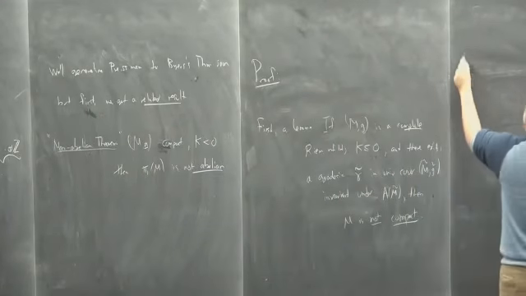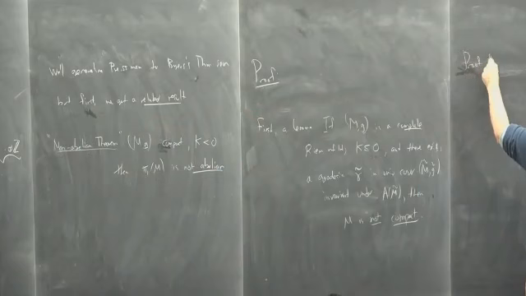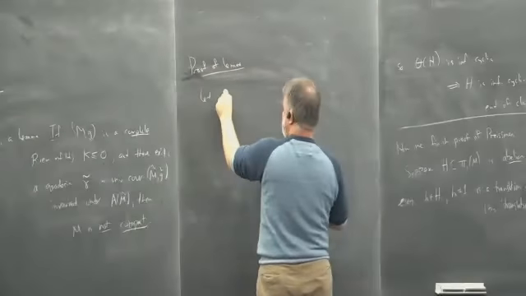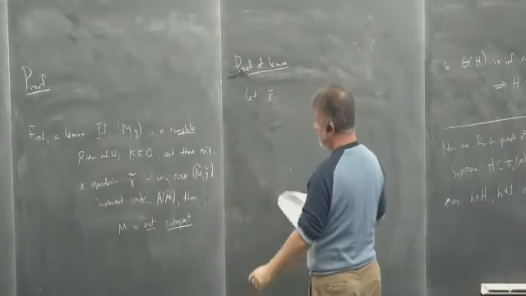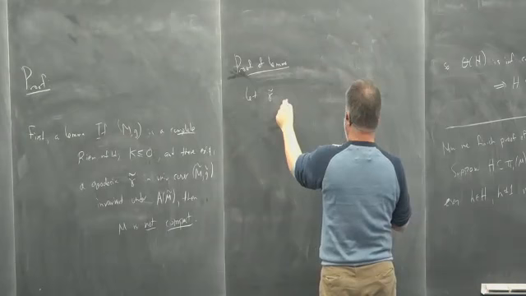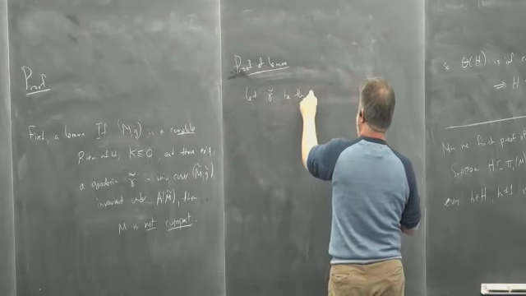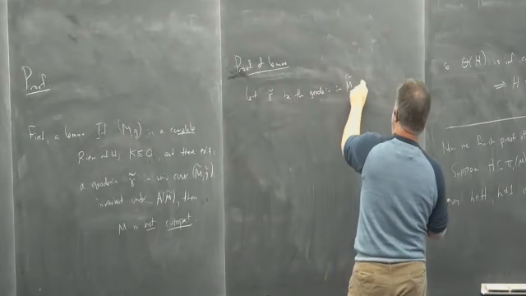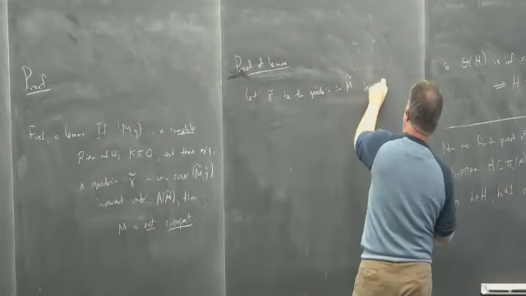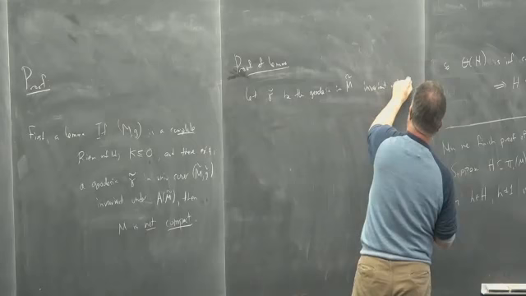This is an interesting argument, very general. So proof of lemma. We'll show that M is not bounded. Let gamma tilde be the geodesic in M tilde invariant under the deck transformation group A of M tilde.